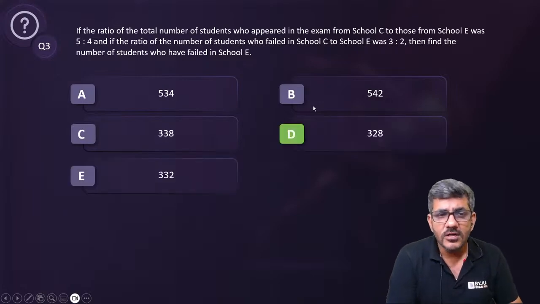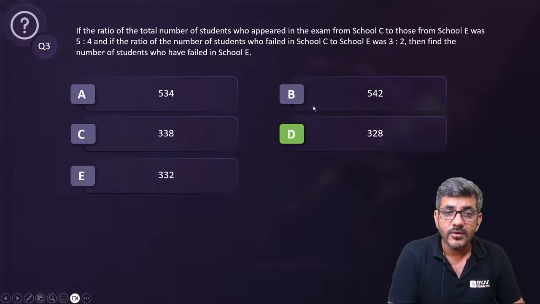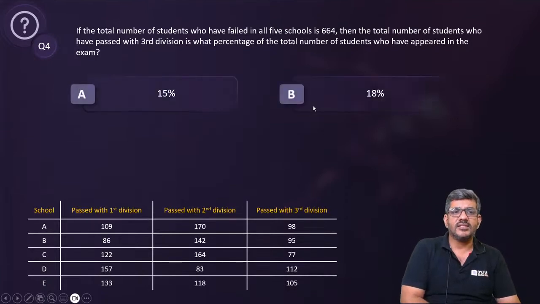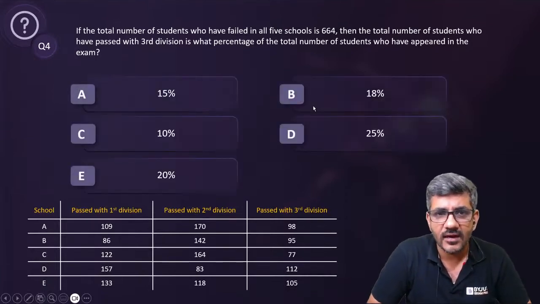I'll move ahead now to the next question. That is question number 4 from the same data set. Here is the question. Let's see how do you answer and how fast you answer.